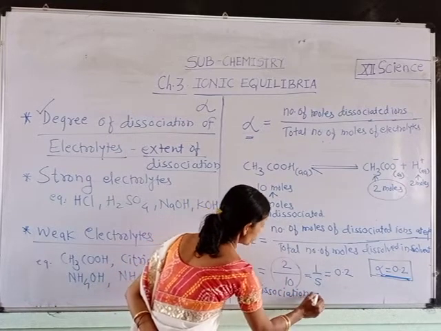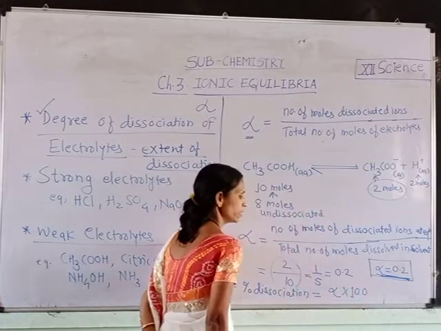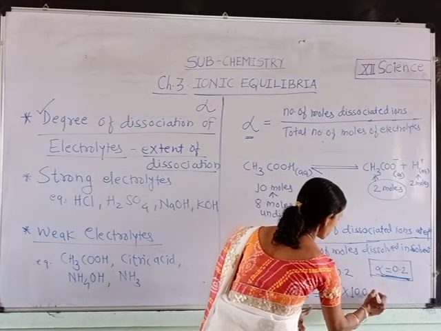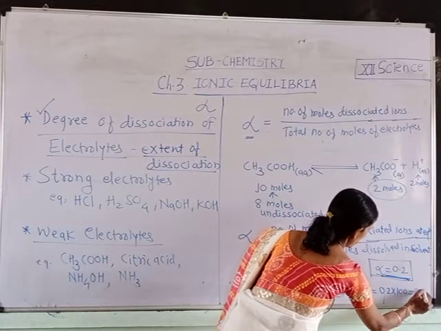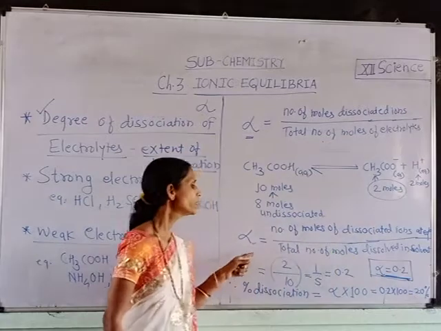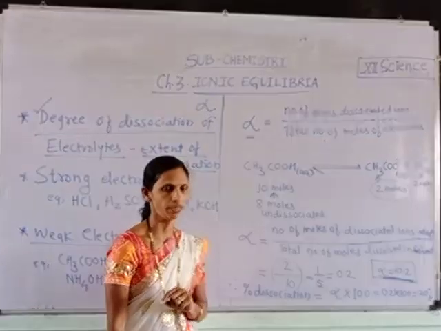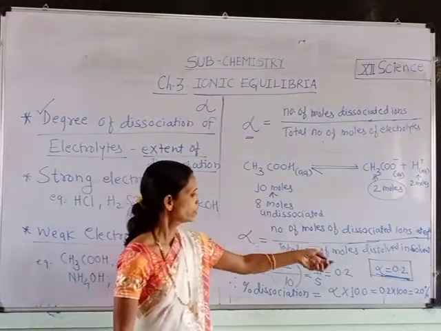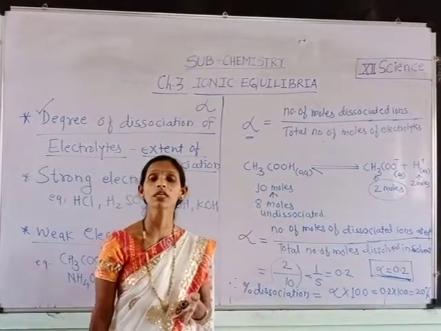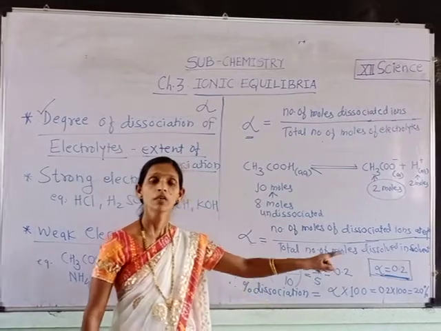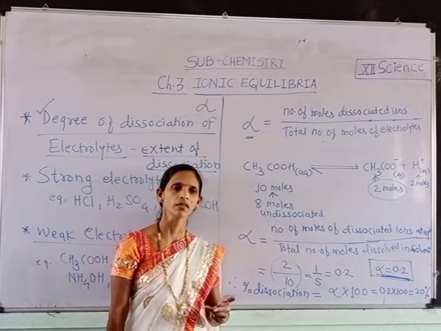Percentage dissociation of an electrolyte is alpha into 100. Here the value of alpha is 0.2, so 0.2 into 100 gives 20% dissociation of this weak electrolyte. That means the degree of dissociation of acetic acid is only 20%. Therefore it is a weak electrolyte, because the percentage of dissociation is less, less than 50%.